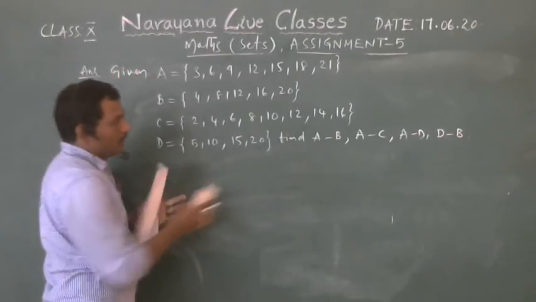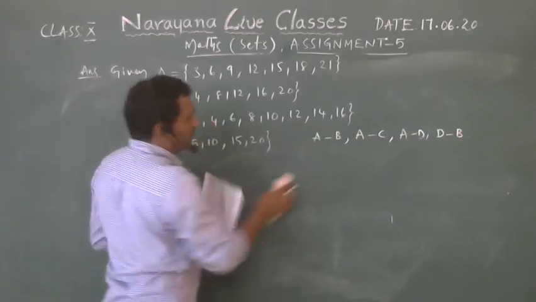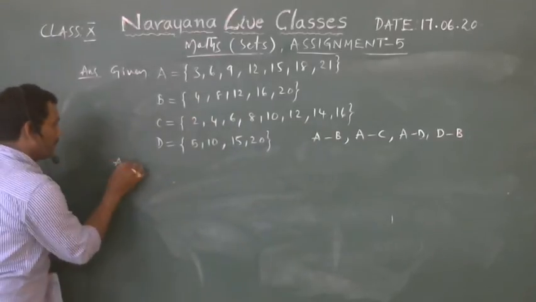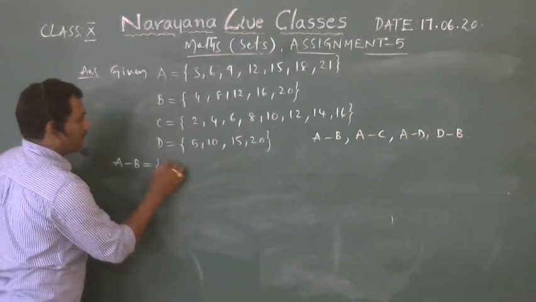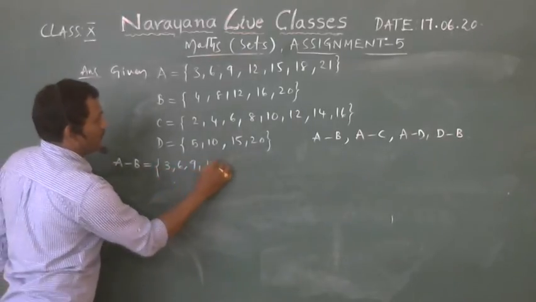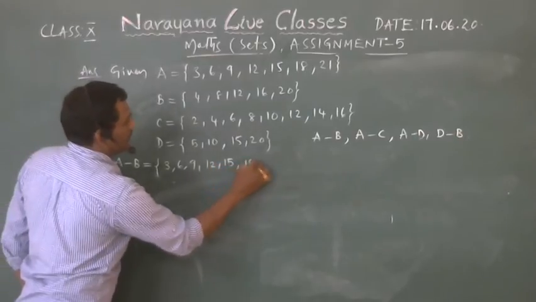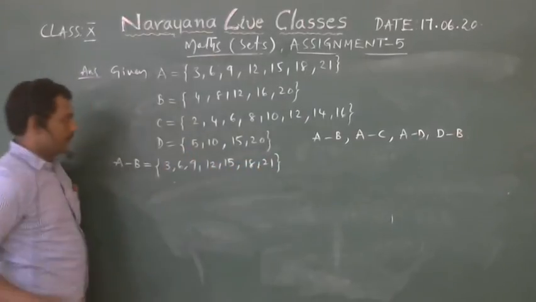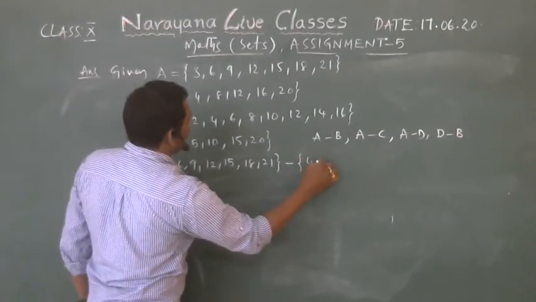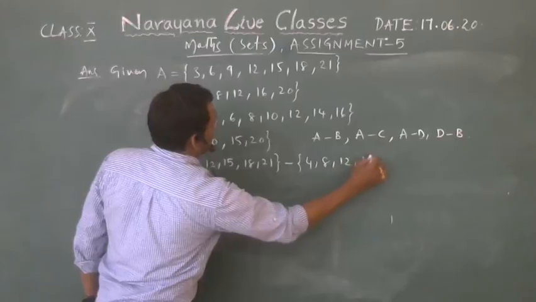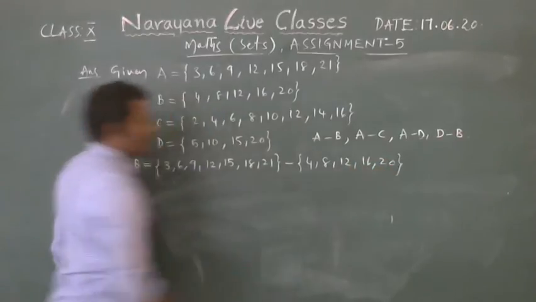So now first you will find A minus B. A equal to the set {3, 6, 9, 12, 15, 18, 21} minus B, which is {4, 8, 12, 16, 20}.